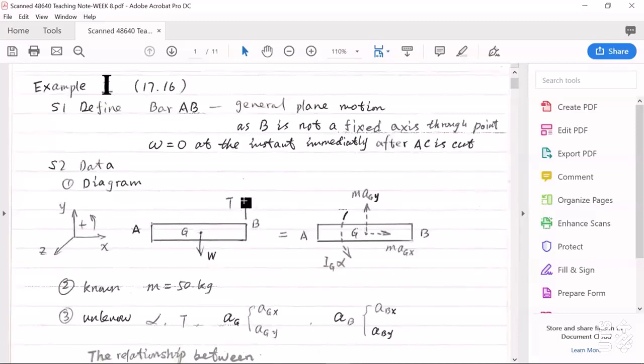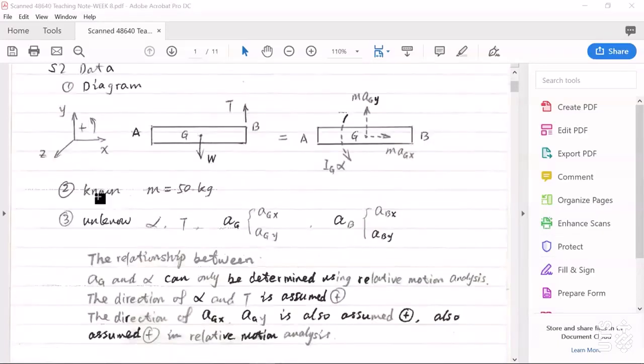Another one is tension force T, acting at point B. This one is the kinetic diagram. We have alpha, we have AG.